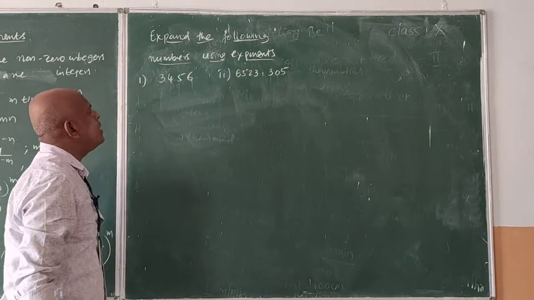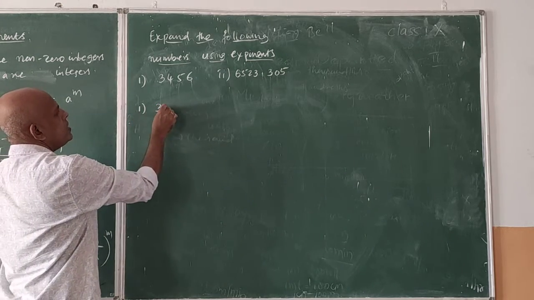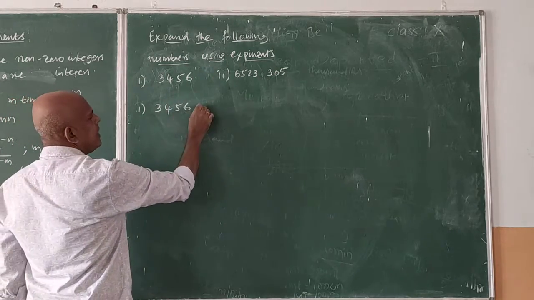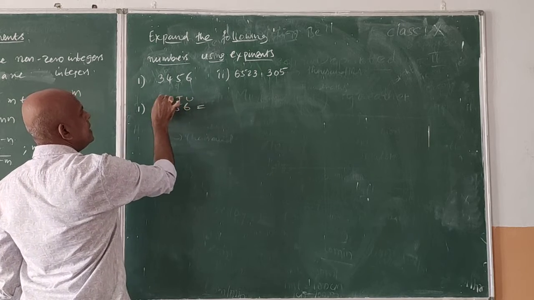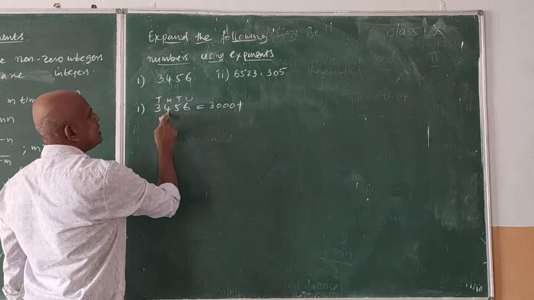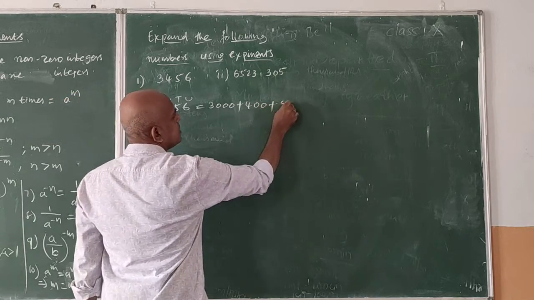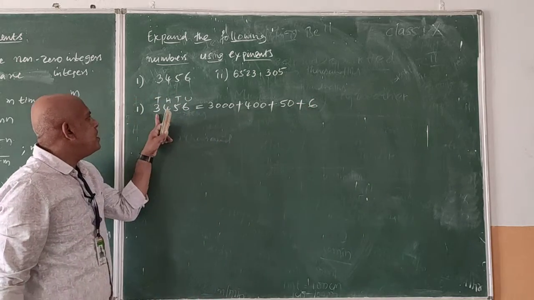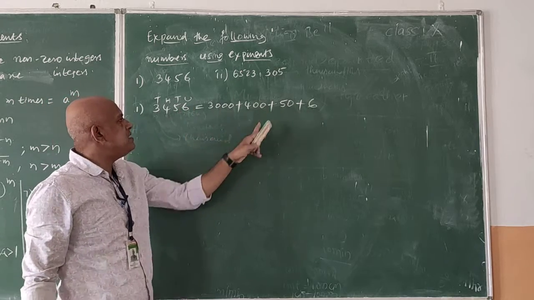given numbers. Expand the following numbers using exponents. First problem, 3456 using exponents. That is very important. First I will expand. Here 3 is in the thousands place: units, tens, hundreds, thousands. So 3000 plus 4 is in the hundreds place, so 400, and 5 is in the tens place, 50, and 6 is in the units place, 6.